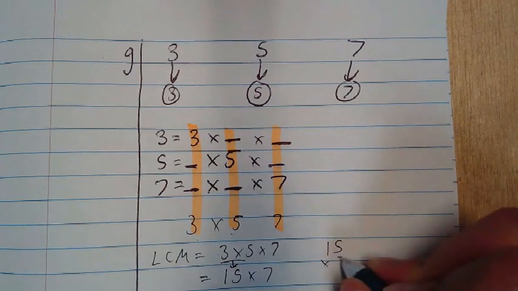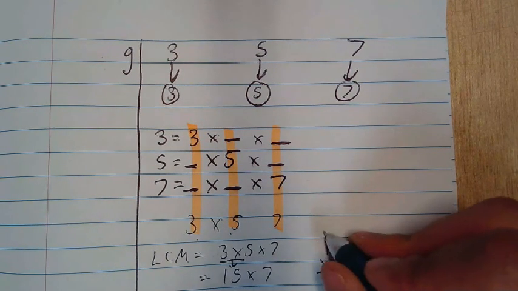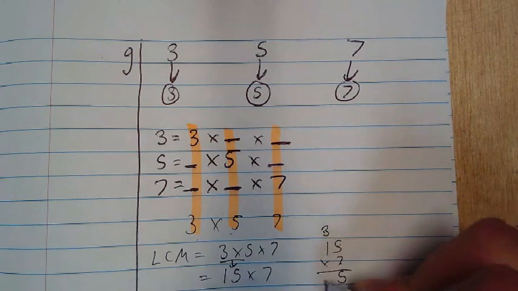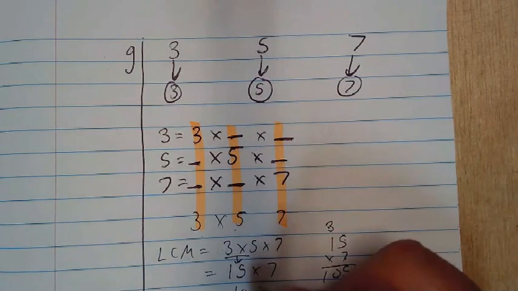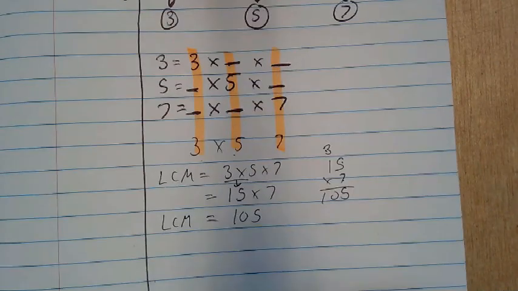I'm going to do the work here on the side, but you should know how to do this. 7 times 5 is 35. 7 times 1 is 7 plus 3, 10. And that's it for that. LCM 105.